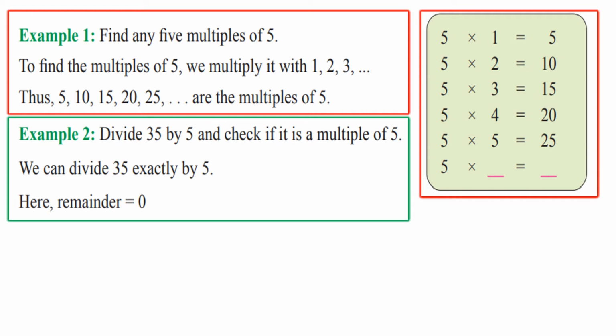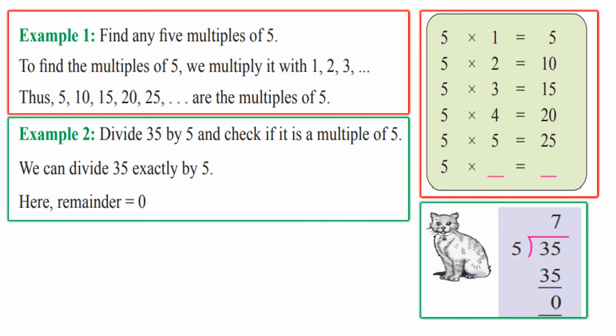Example number 2. Divide 35 by 5 and check if it is a multiple of 5. We check if it is a multiple of 5, then we can divide 35 exactly by 5. Here, 35 divided by 5 is 7, then the remainder here is 0. 35 is a multiple of 5.